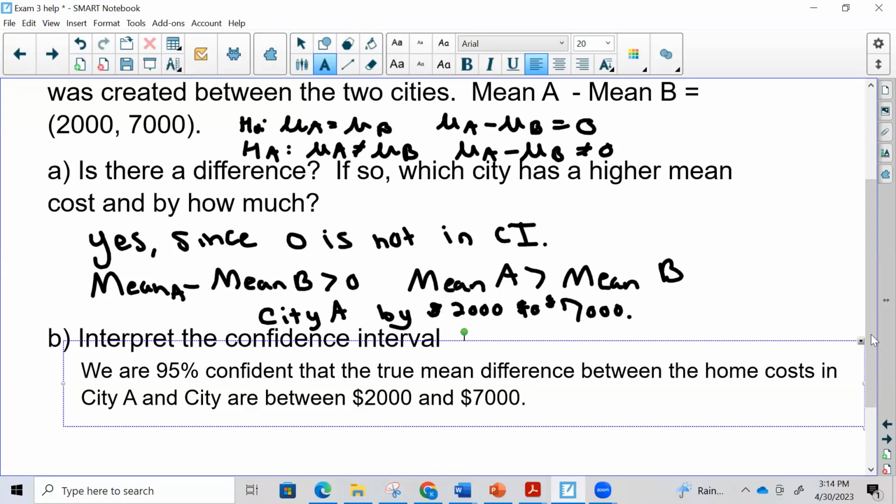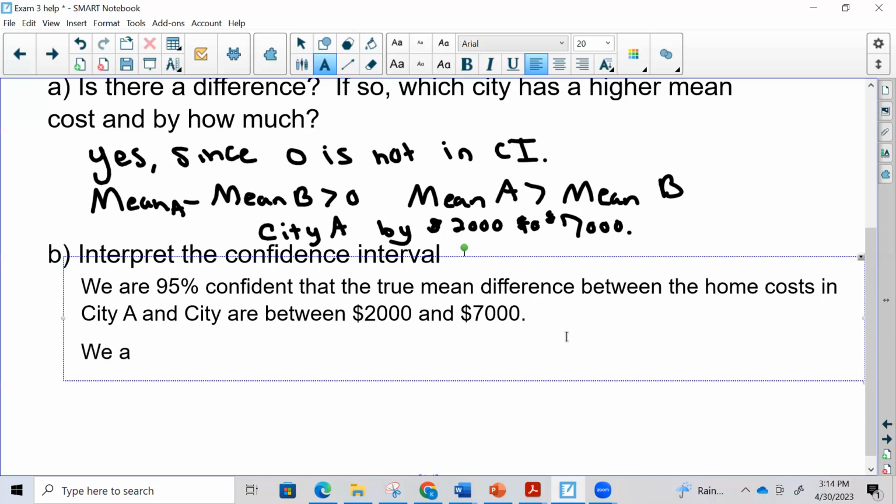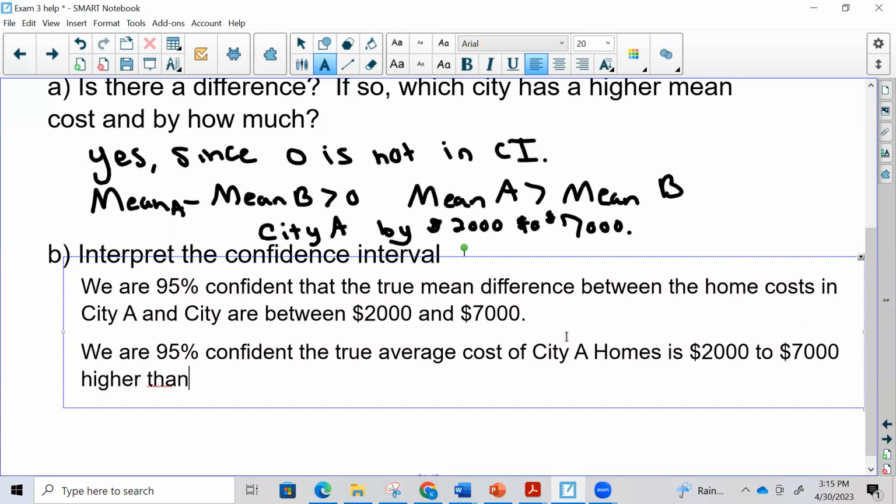Now we could say this a different way. We could say we're 95% confident that city A's home costs are 2,000 to 7,000 more than city B's. Or we could also put it the other way.